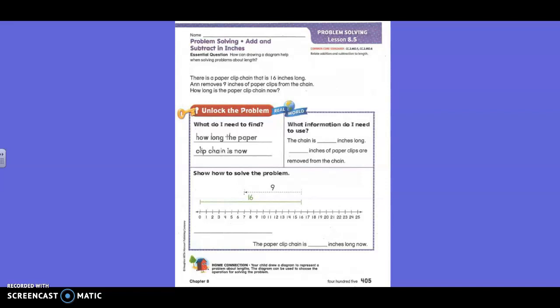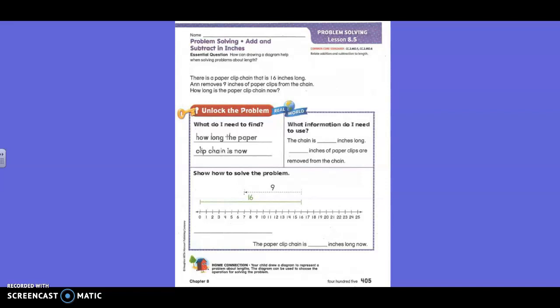There is a paper clip chain that is 16 inches long and Anne removes 9 inches of paper clip from the chain. How long is the paper clip chain now?